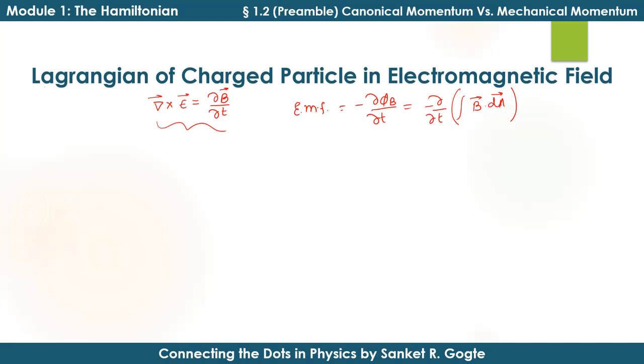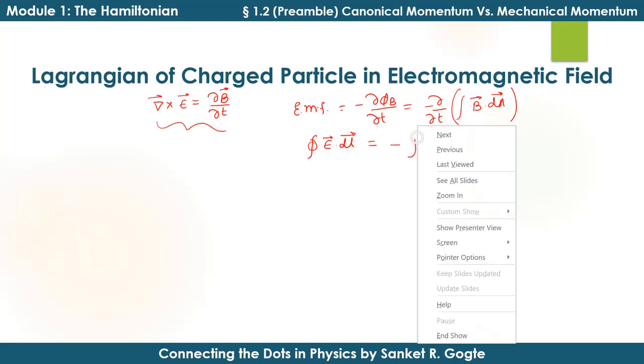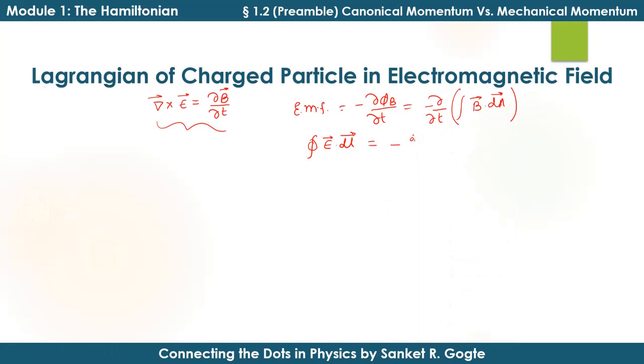This EMF here is the integration over a closed loop of E dot dl, where E is the electric field induced due to the changing magnetic field, and this is equal to minus dou by dou t of the integration B dot dA.